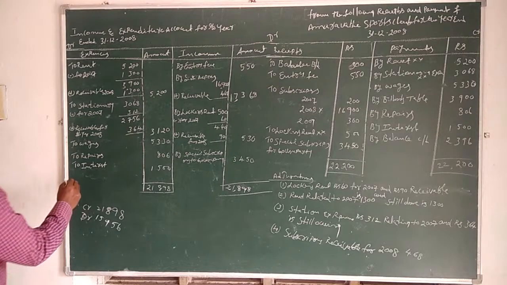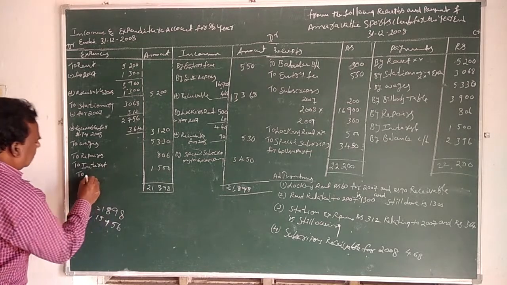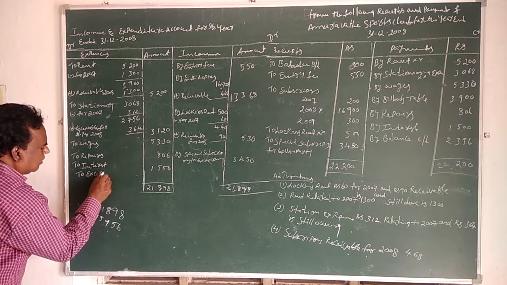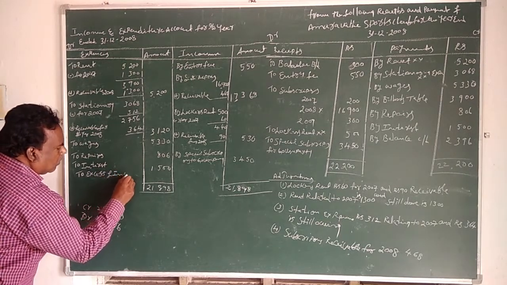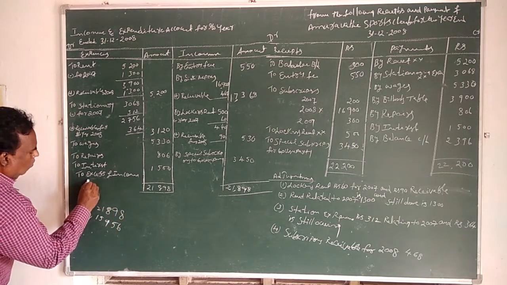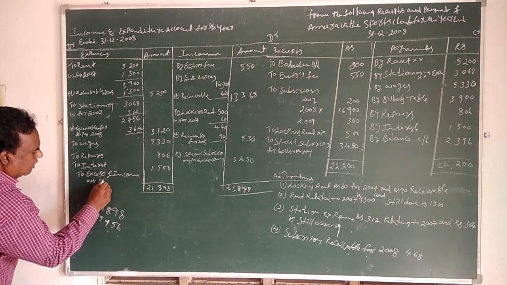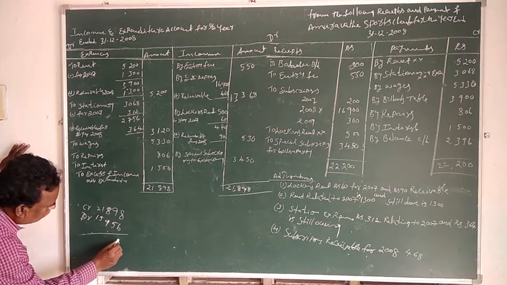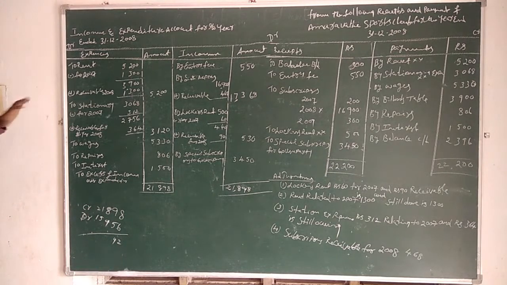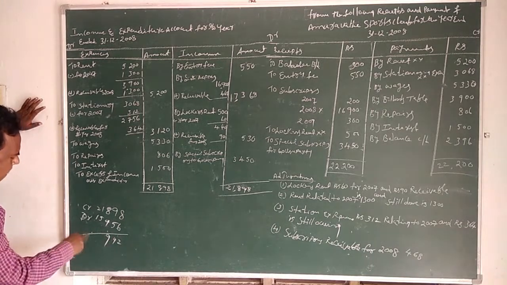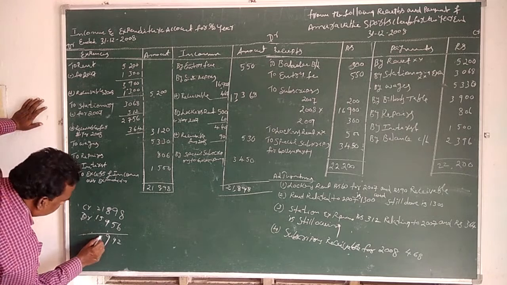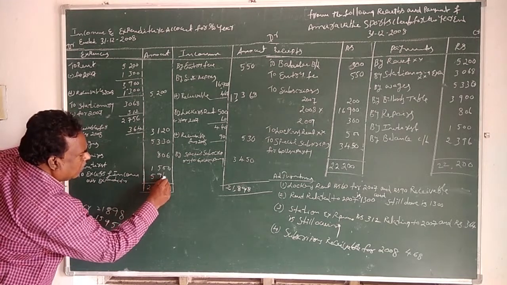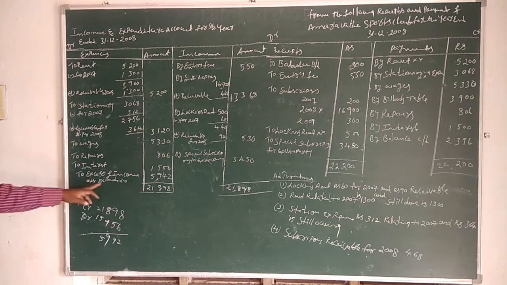So surplus, excess of income over expenditure, 5,942.